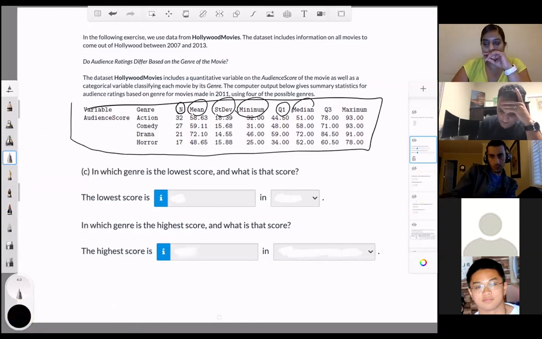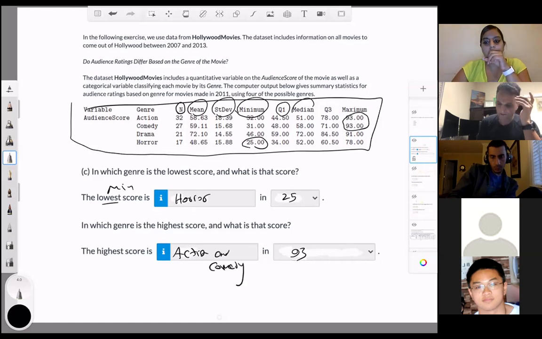We're talking about minimum here, correct? Yes, the minimum value is 25. The highest one would be 93 in action and comedy. Excellent.